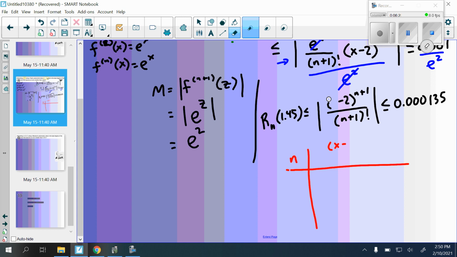Our x value is the 1.45, so we can plug that in. And if we subtract 1.45 minus 2, that's going to come out to be negative 0.55. So we're going to try to figure out what that n value has to be that's going to give us the biggest number here. So we got this as our function.